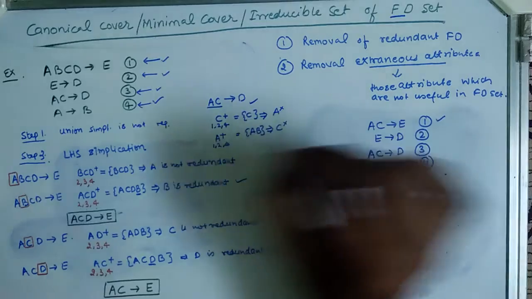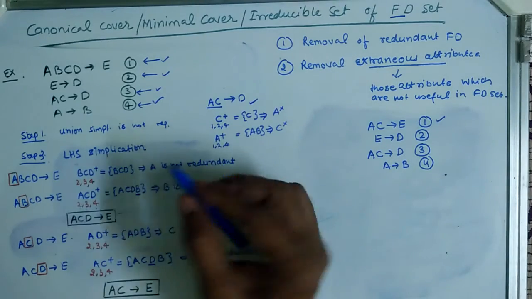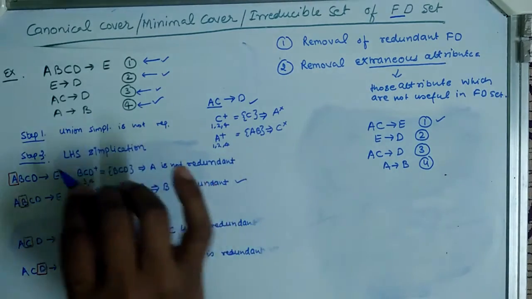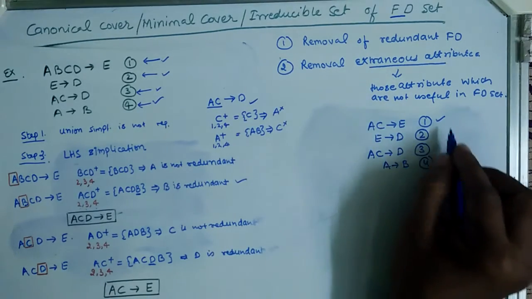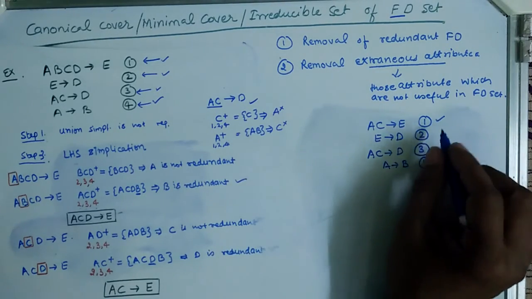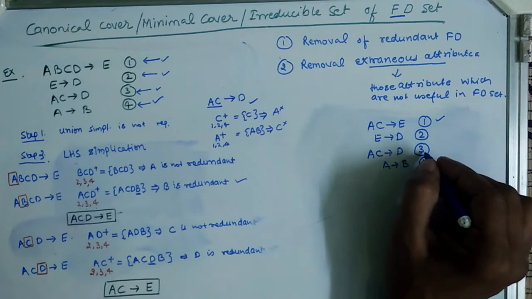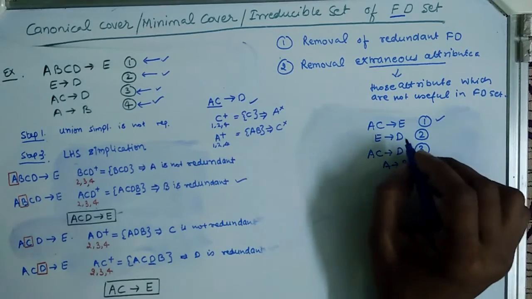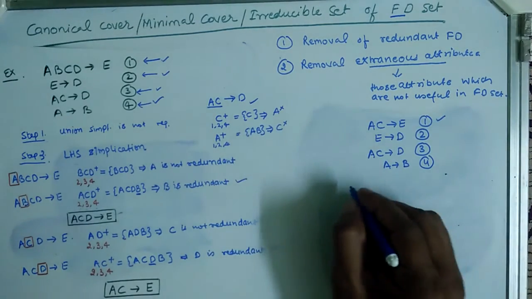Now if we have a success in step 3, we need to repeat step 2, means we need to find out the redundant functional dependencies in these 4 sets. In order to find them, we compute the same procedure again.